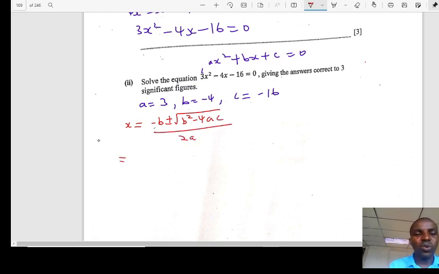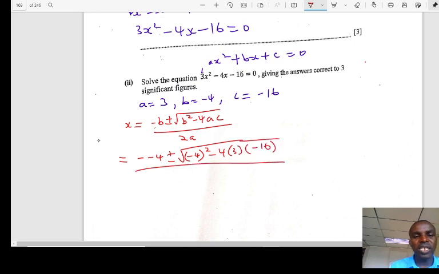So now let's substitute. b is minus 4, so it's minus minus 4, plus or minus the square root of minus 4 squared, minus 4 times 3, times minus 16, all over 2 times 3.